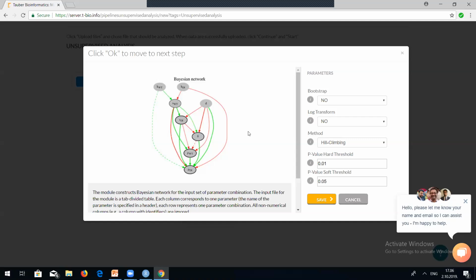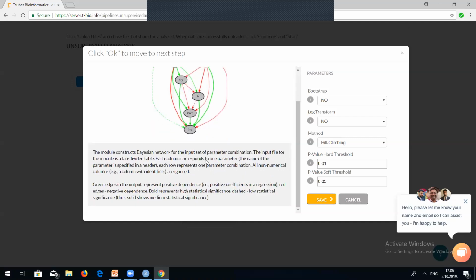If you analyze scientific literature about this statistical method, you will see that what we refer to as genes is called nodes. So these circles are nodes, and these connections, linkages between them, are referred to as edges. You also have a textual representation of this below the Bayesian network, and you can read it in the pipeline.